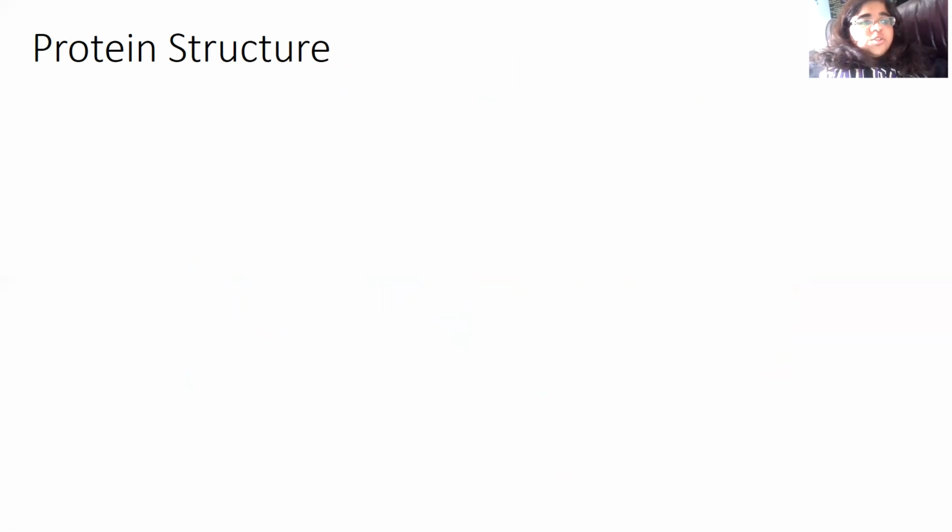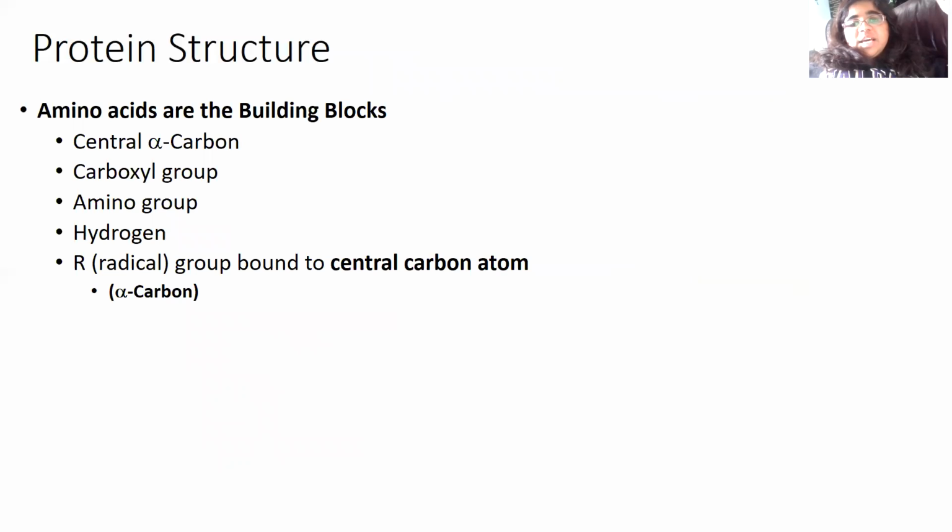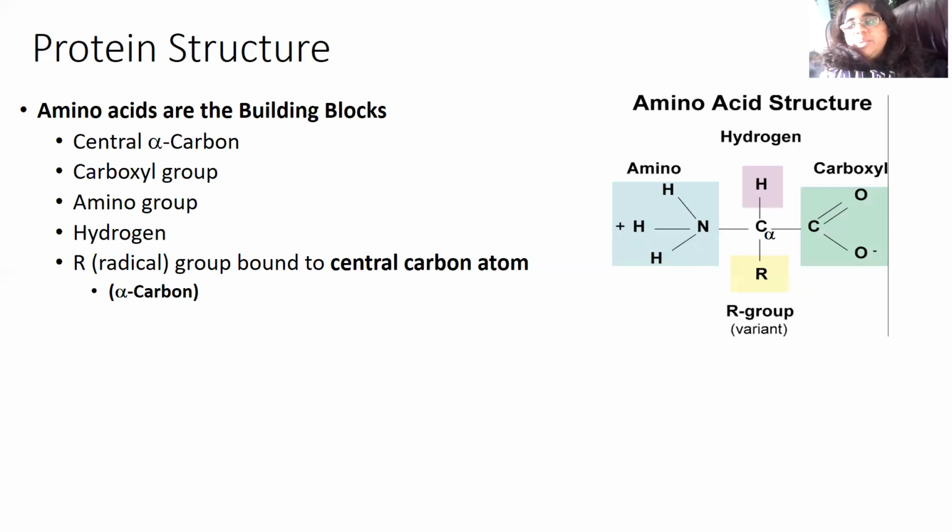So protein structure, what is it made of? It has amino acids being the building blocks, where you have a central alpha carbon, an amino group, a carboxyl group, a hydrogen, and the variable R group.